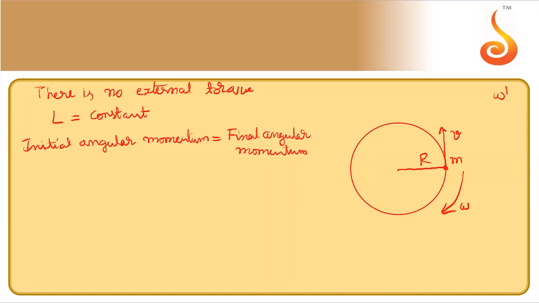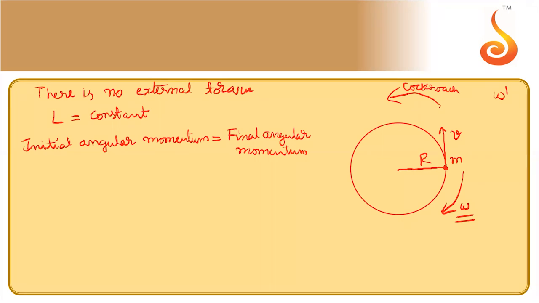Now one thing you should notice: initially the cockroach is going this way, whereas the disk is rotating this way. So their angular momenta are oppositely directed.